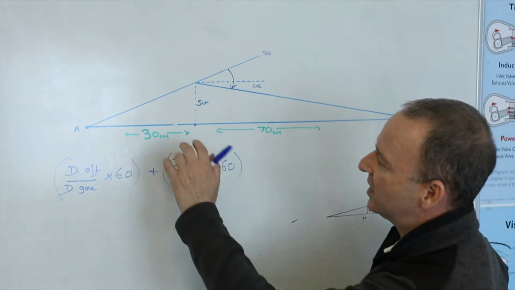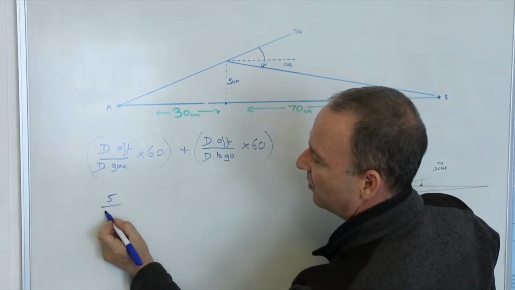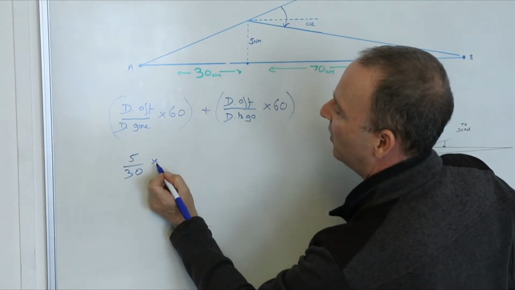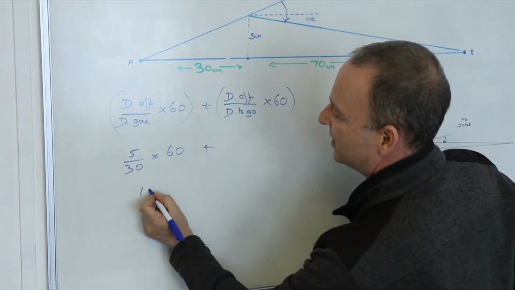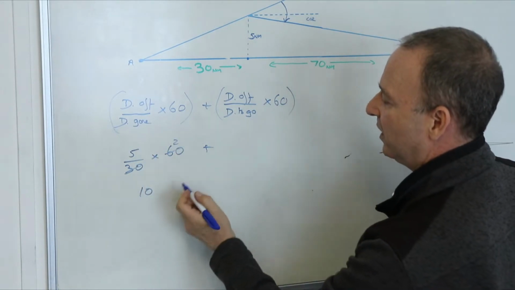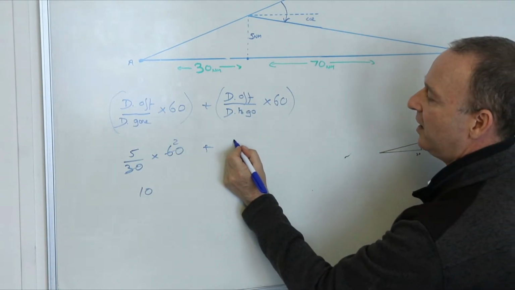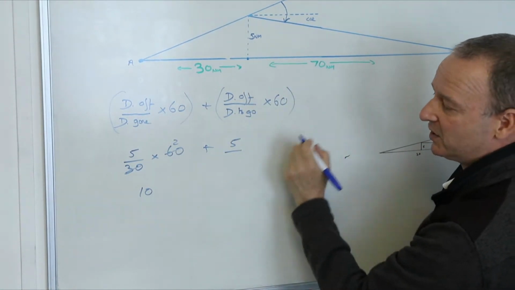Right, so the distance off was 5, divided by the distance gone, which was 30, and we multiply that by 60. We can see that that is 10, because that's 2, isn't it? 2 by 5, 10. And the distance off here, 5. Distance to go is 70 miles.